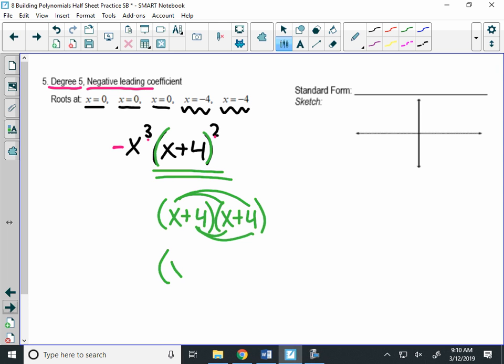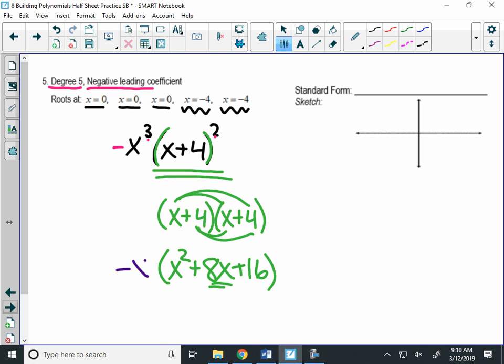When you do that, you'll get x squared plus 4x plus 4x plus 16. Now, the 4x's here, they're like terms. Those combine. So I'm actually going to erase this and rewrite that as x squared plus 8x plus 16, just to save some room.